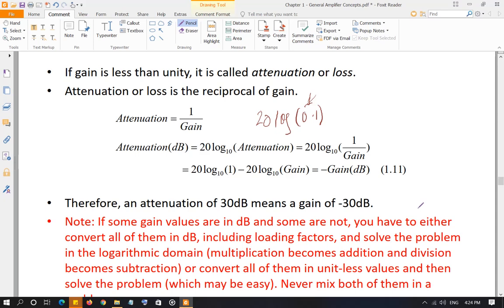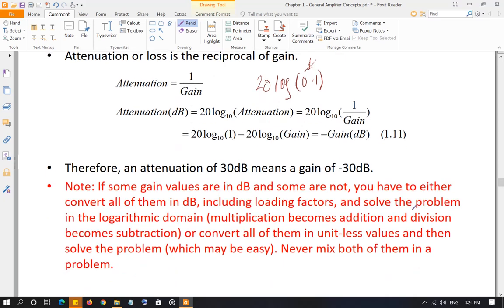Now, if I give you a problem in the quiz or in the exam or even in the homework, with some gain values in decibels and some gain values as unitless quantities, I will advise you that I feel comfortable if I convert everything to the unitless quantity and then calculate the total gain of the circuit, including the loading factors and all those things.